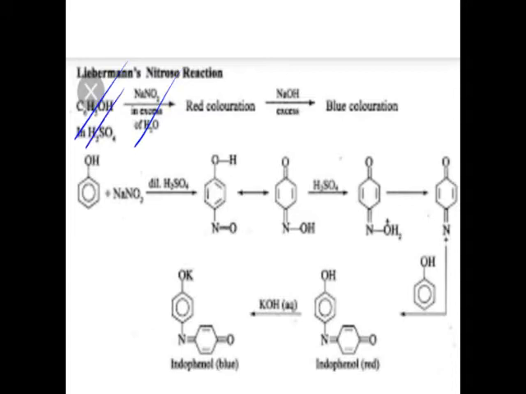We get a red color, and after addition of excess NaOH, we get a blue color, which indicates the presence of phenol. Now, this reaction: the phenol reacts with sodium nitrite in the presence of dilute sulfuric acid, so the NO group is attached to the para position.